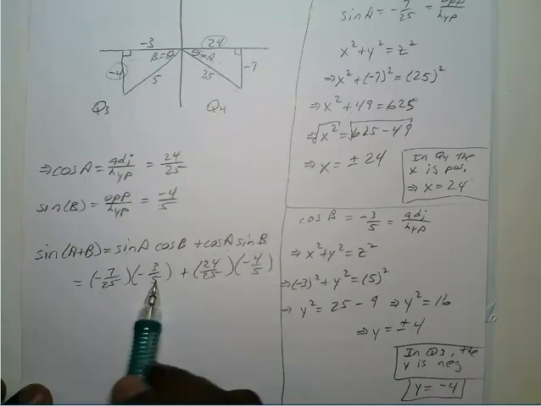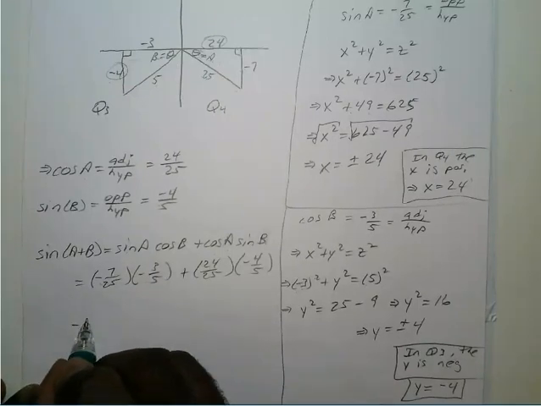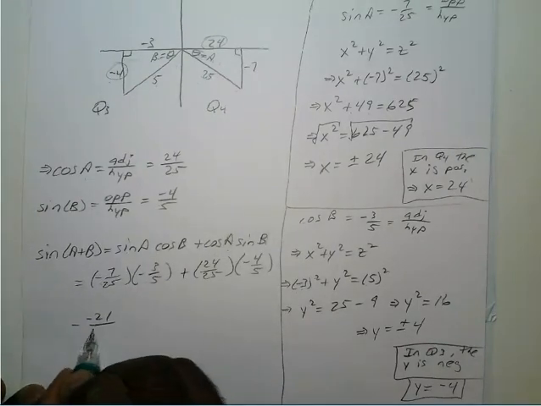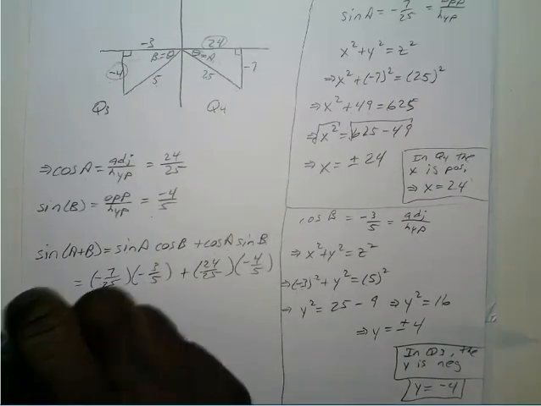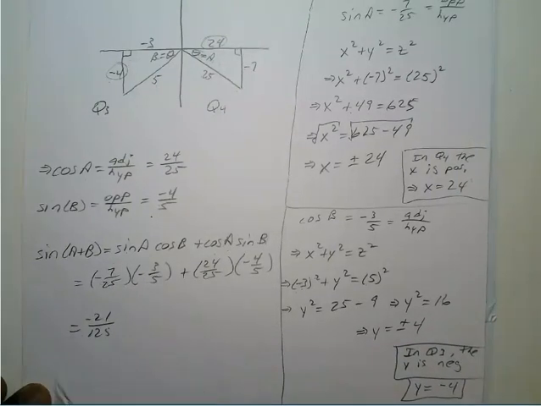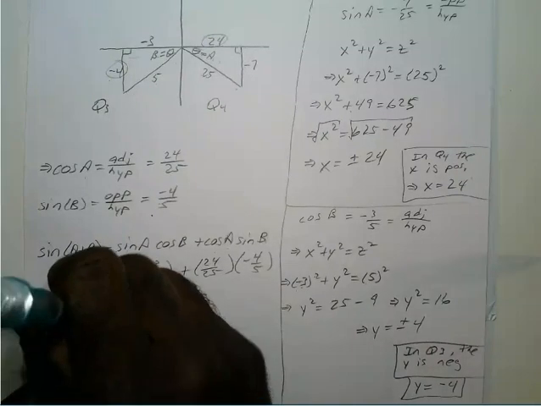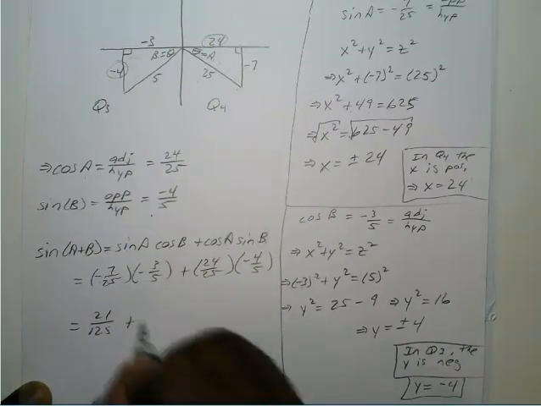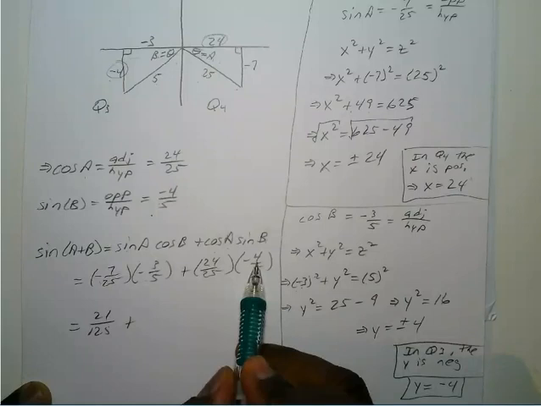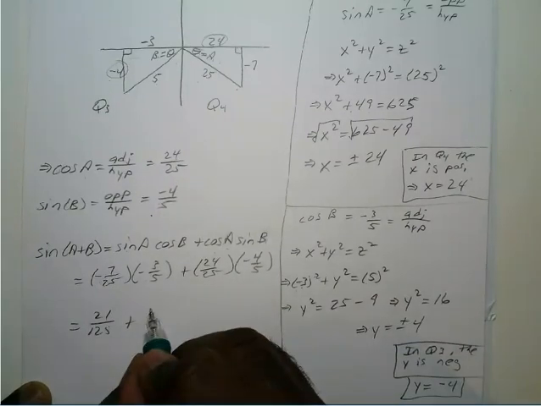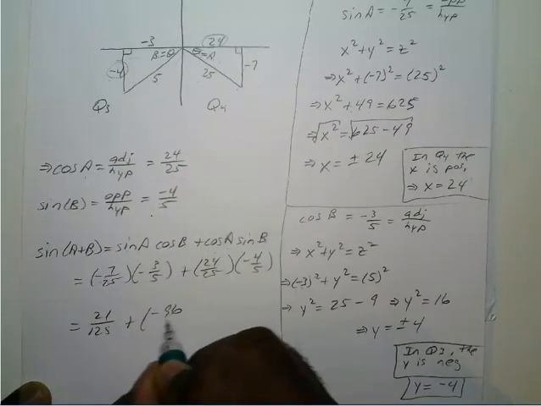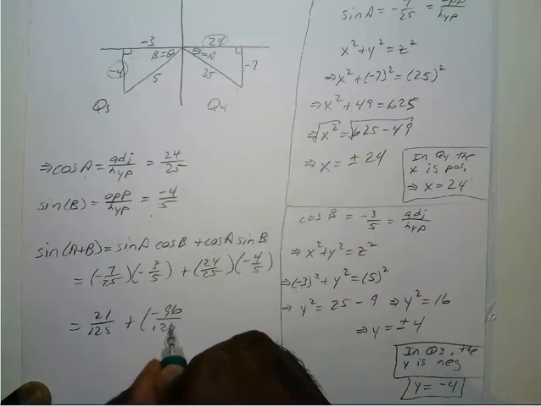Okay, so if we multiply these two, we get positive 21 over 125. Oh, I don't know why I put a second negative there. Should be an equal sign. Nope, actually that becomes positive. Here we go. Plus 24 times negative 4 is negative 96 over 125.